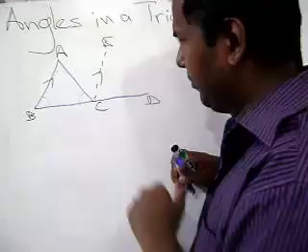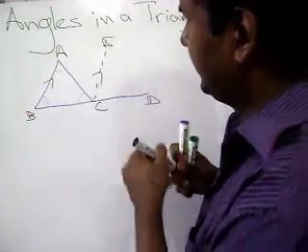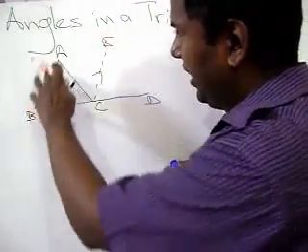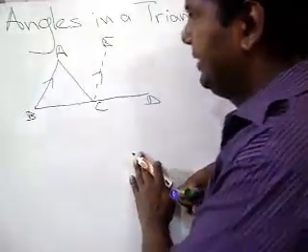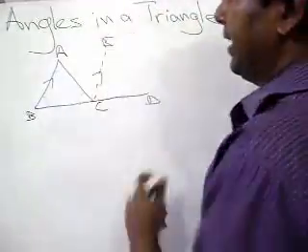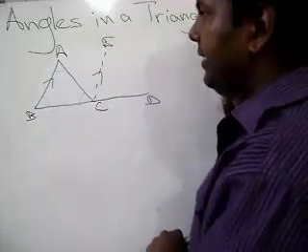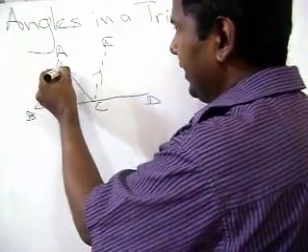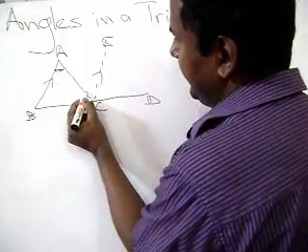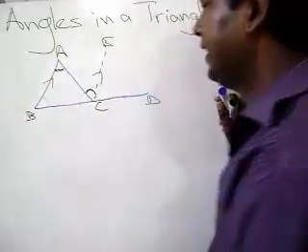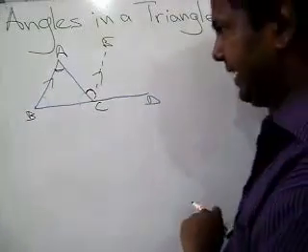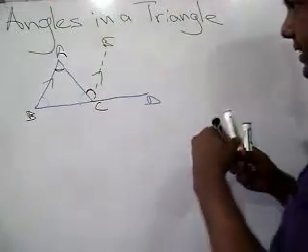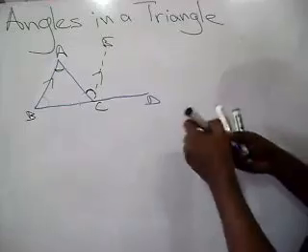So now here, when a straight line intersects two parallel lines, again there are angles formed. So here this angle and this angle are equal because they are alternate angles. So let me write that.